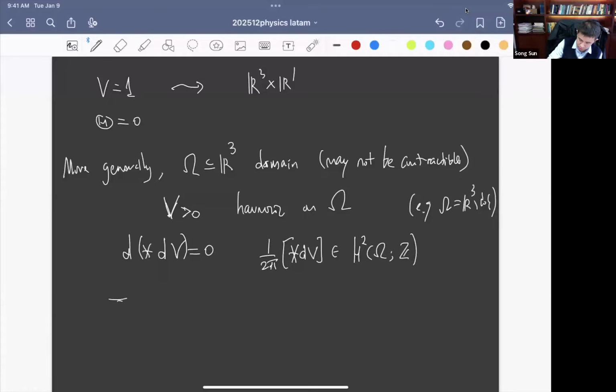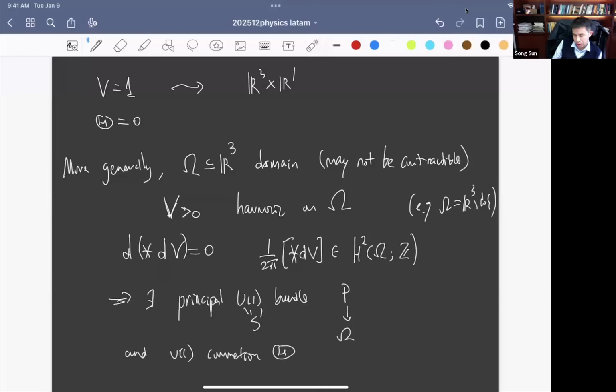So there exists a principal U1 bundle, S1 bundle, P over omega, and a U1 connection theta. Previously I wrote little theta, d theta equals star dv downstairs on omega, and then just lift it. Now you cannot do it downstairs, but you can do it upstairs. So theta is a perfectly well-defined one form on P.